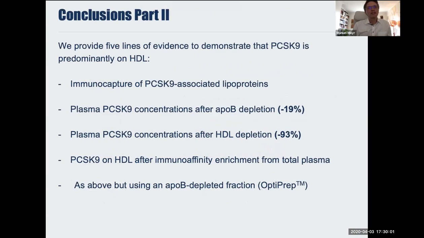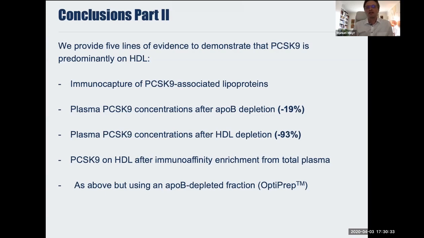So this brings me to the second part of the conclusion. I think these are some thought-provoking findings, because we have now provided 5 lines of evidence to demonstrate that PCSK9 is predominantly found on HDL. We used immunocapture of PCSK9-associated lipoproteins. We demonstrate that if we deplete ApoB, we only get a 20% reduction in plasma PCSK9. On the other hand, if we deplete HDL, the majority of the PCSK9 is removed, suggesting that some PCSK9 is present, for example, on LDL, but the majority seems to be carried on HDL.